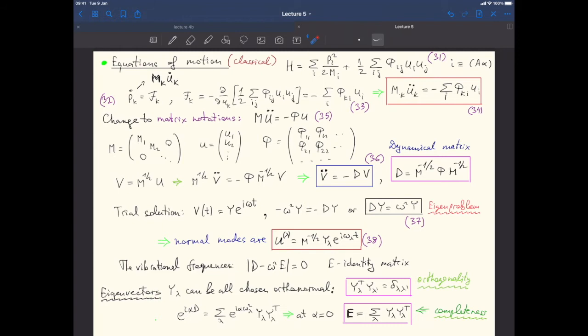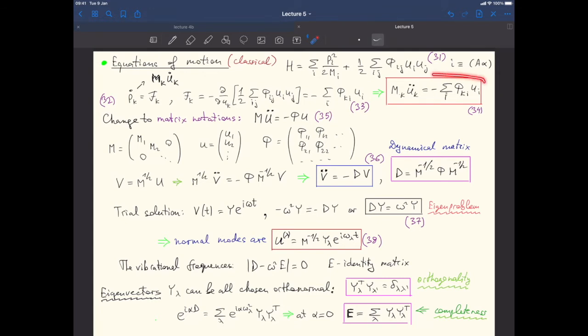Newtonian equations of motion are constructed by simply saying that the time derivative of the momentum p, which is the mass times velocity, is equal to the force. The force acting on the degree of freedom k is obtained by taking minus the derivative of the potential energy with respect to atomic displacement, and that derivative is easily calculated and is given here.